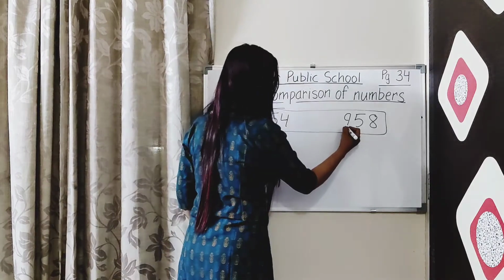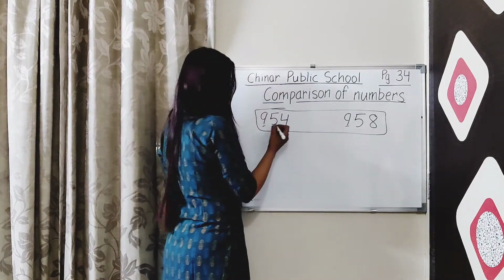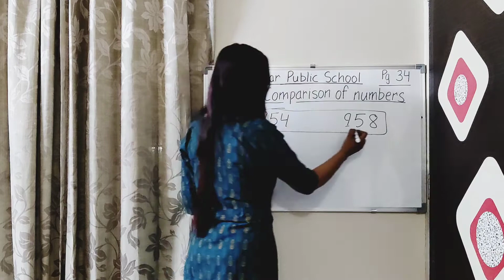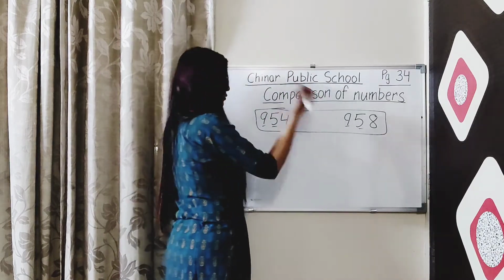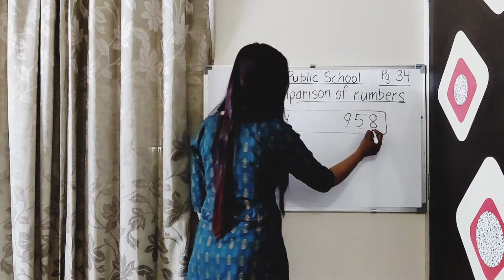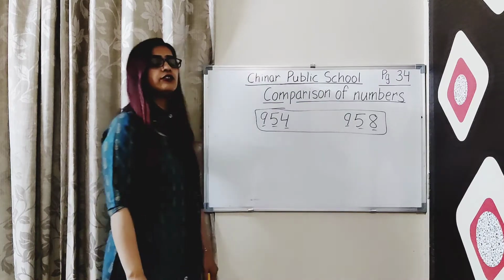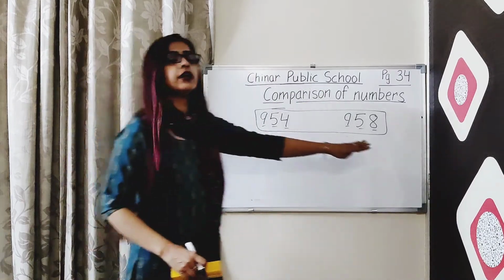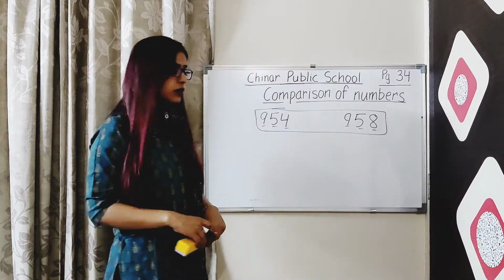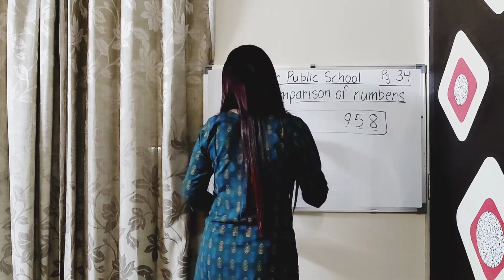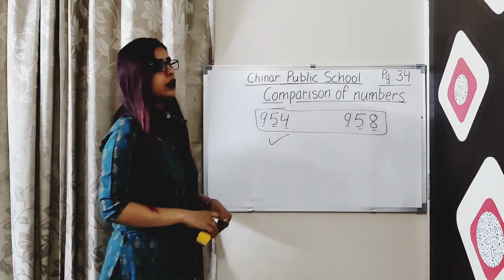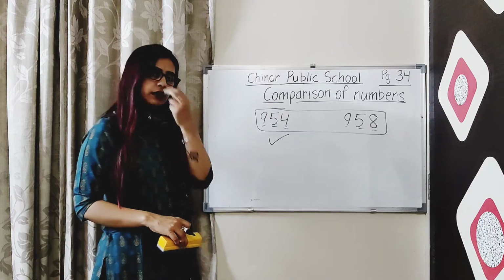Here it is 9, 9. So jump to the next digit. 5, 5. Jump to the next digit. 4 and 8. So which one is smaller, 4 or 8? 4 is smaller. So 954 will be the smaller number.